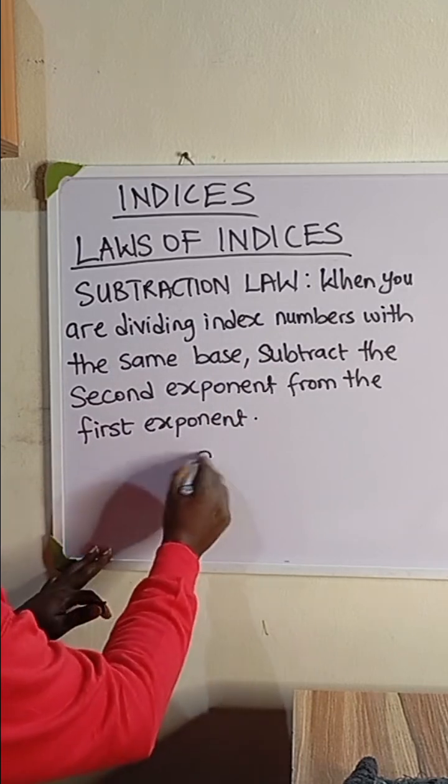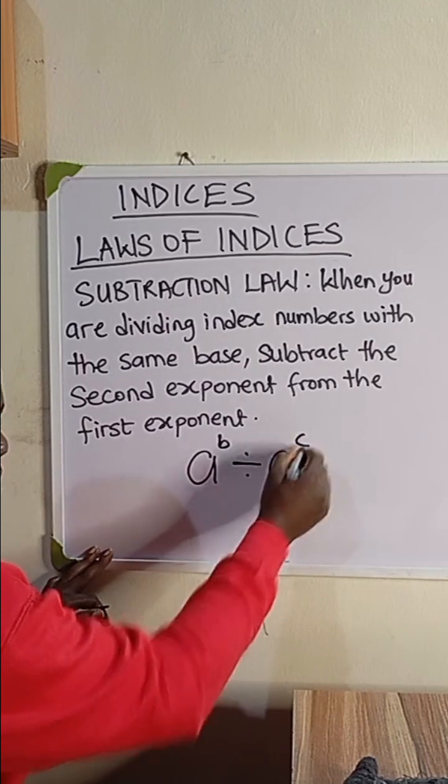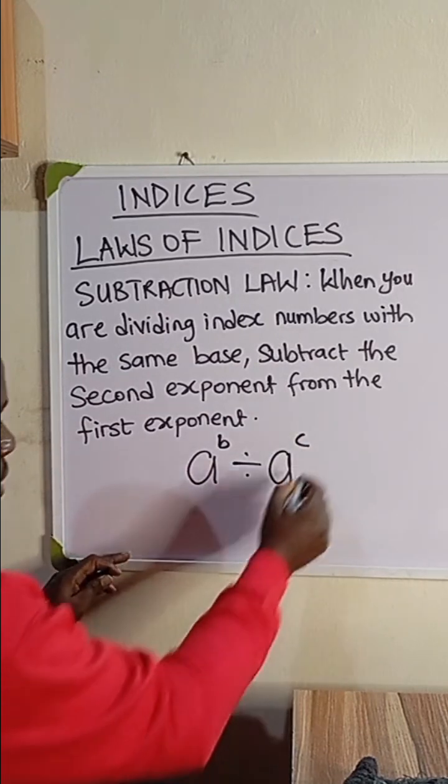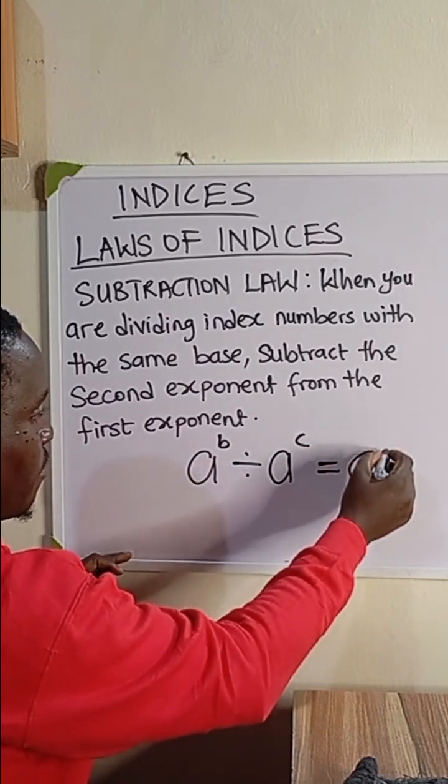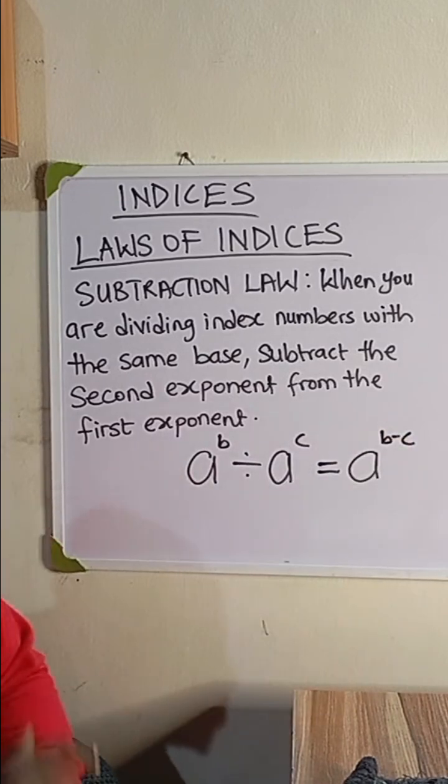So if you have a to the power of b divided by a to the power of c, all you need to do is a to the power of b minus c.